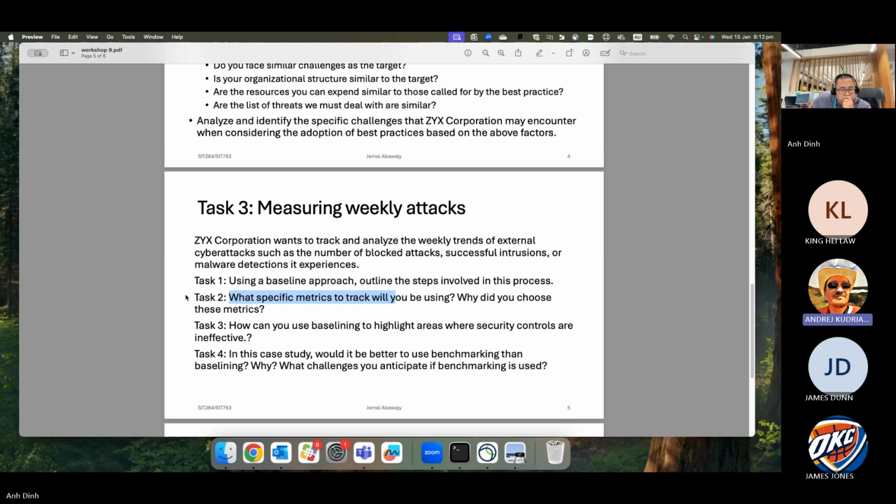I would probably do a metric of response time, how quickly the system responded to the attack. And I would do maybe attack types, let's say phishing or DDoS or intrusion attempts. So I would like to see by type how this changes in time.